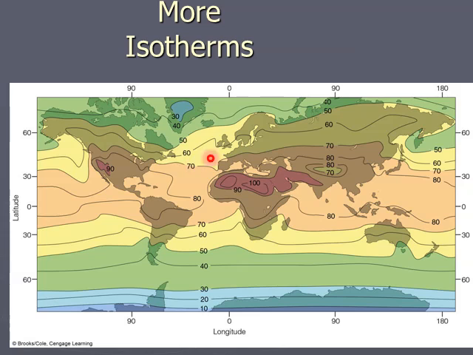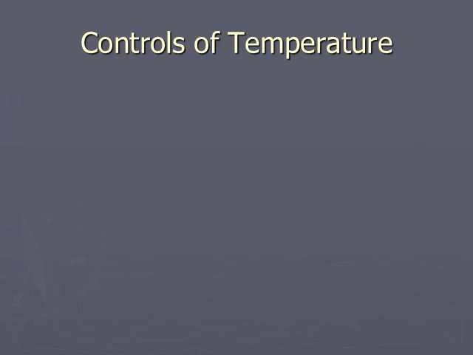Again, in the summer, the warmer temperatures are on land because land has a lower specific heat than water. The lands have greater temperature fluctuations compared to places near water.